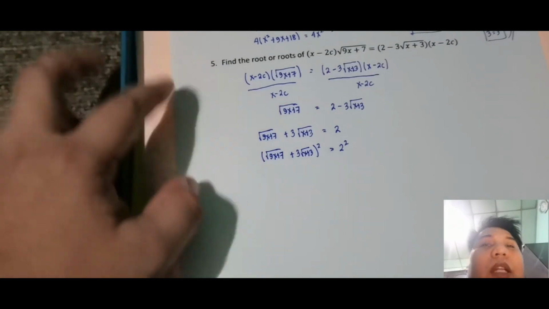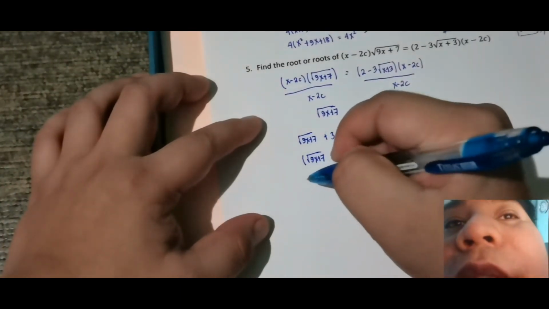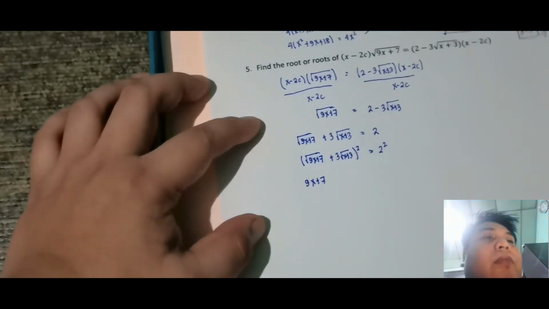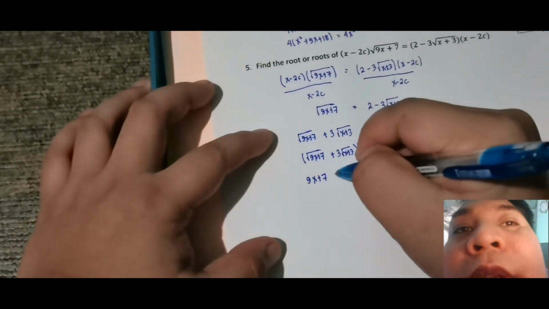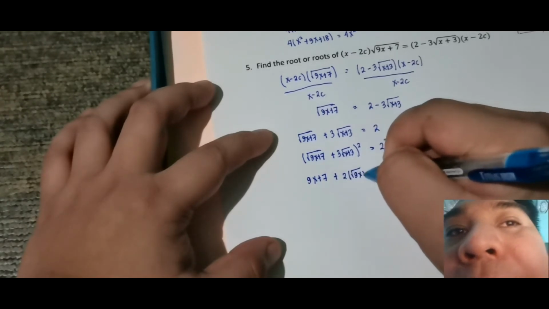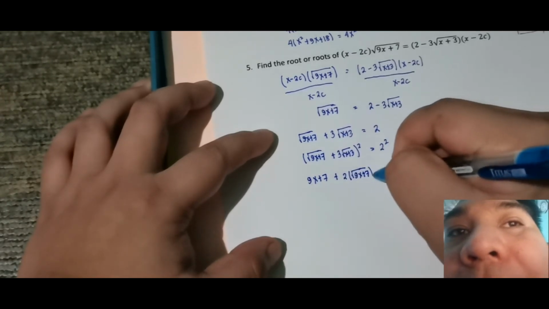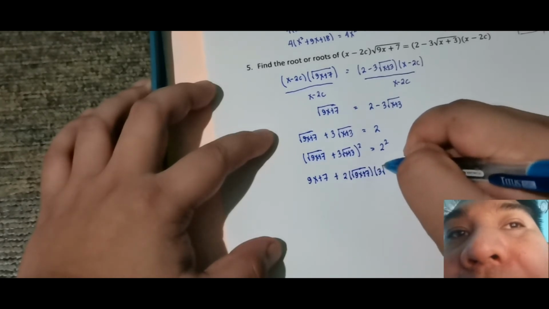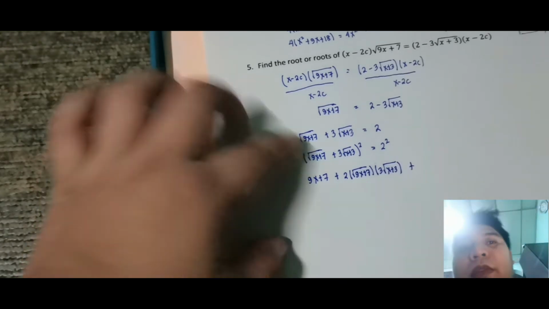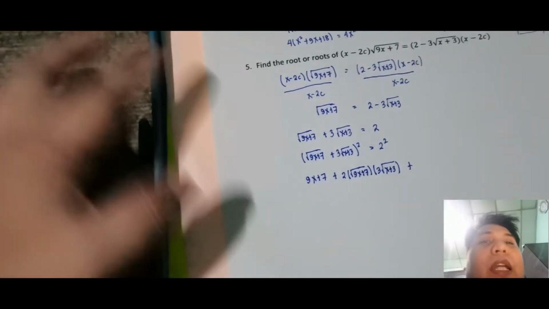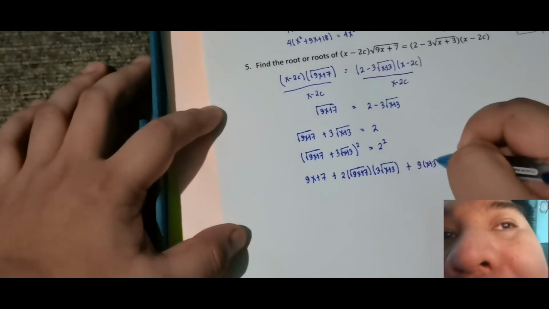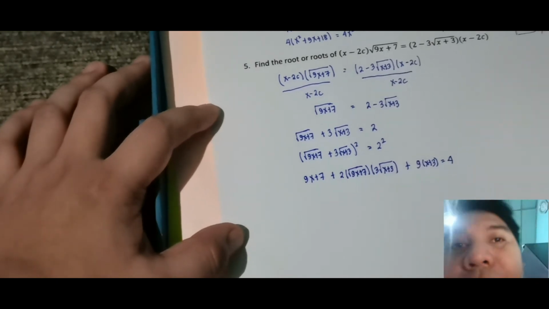Okay, so ulit ko lang. Ang square ng square root ng 9x plus 7, so this is 9x plus 7. Okay, then plus 2 times square root ng 9x plus 7 times 3 square root ng x plus 3, plus yung 3 square ng x plus 3 magiging 9, no? Magkakaroon ng 9 times x plus 3 equals 4.